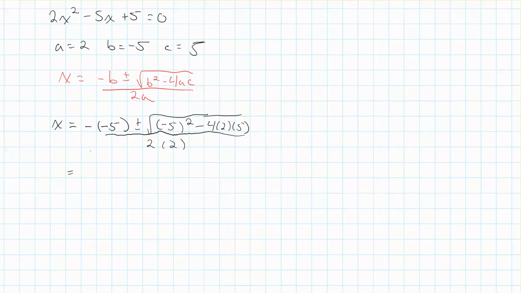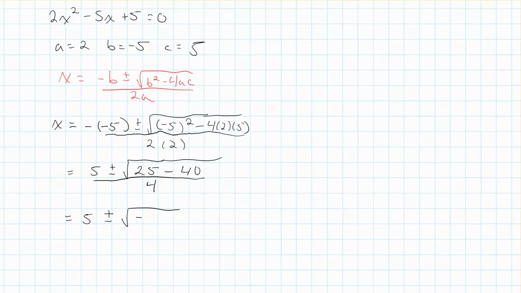So this would be, well, negative 5 is positive 5 plus or minus the square root of 25 minus 40 all over 4, which is equal to 5 plus or minus the square root of negative 15 over 4.